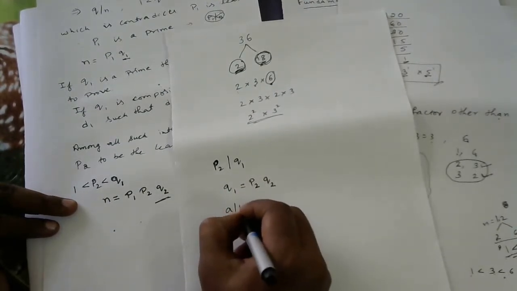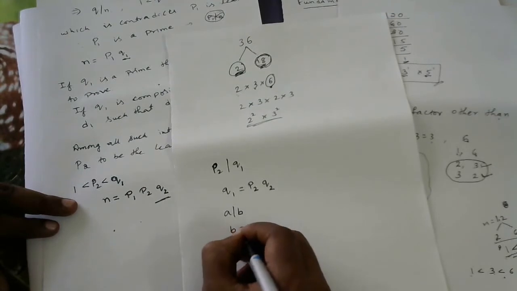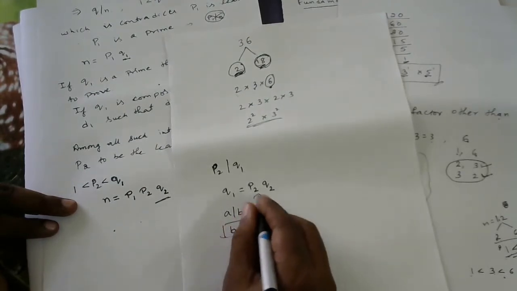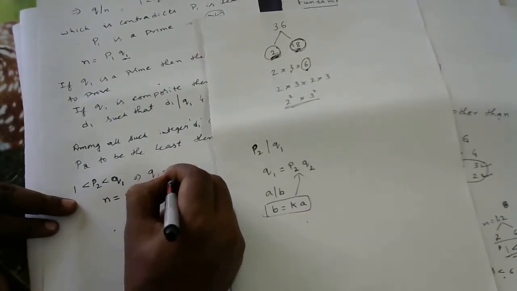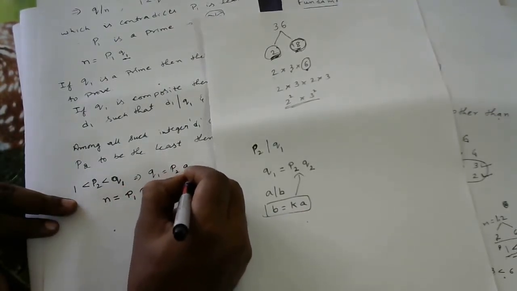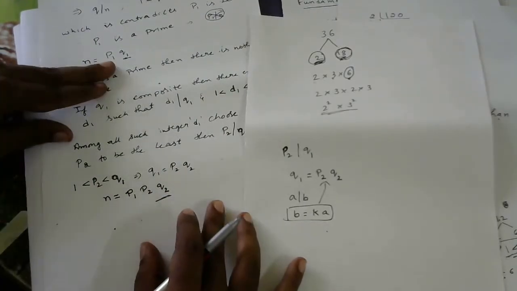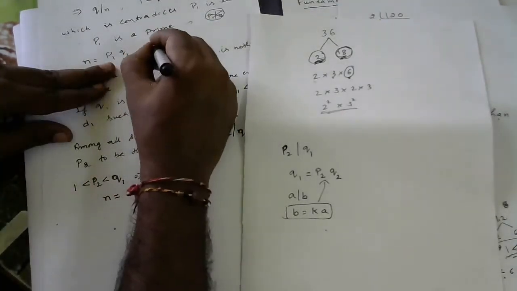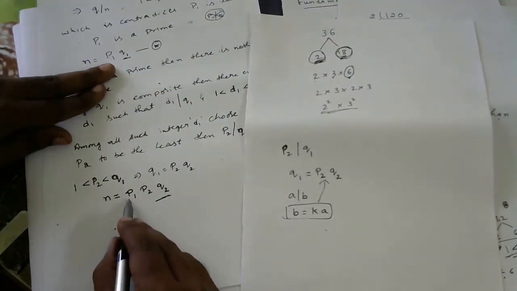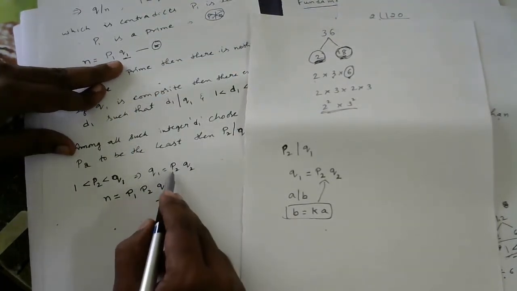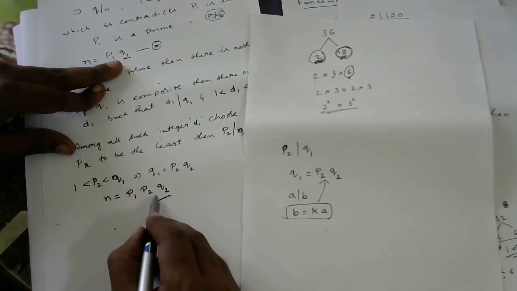So a divides b means b equals k times a, right? Like that you have written here. So this implies that q1 equals p2 into q2. So if we substitute in the above equation, equation star, what you get, n equals p1 into q1, which is p2 into q2. So we substitute here.